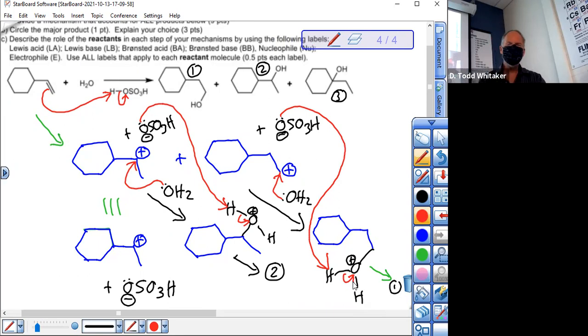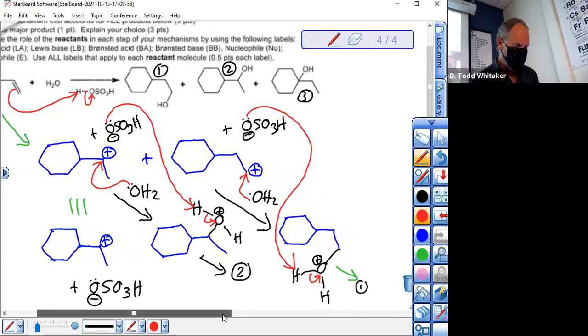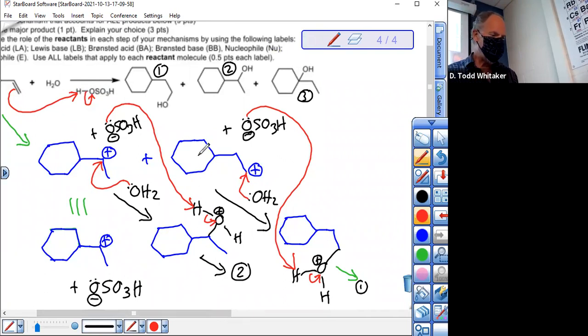And then I'm going to show you a neat little trick for the third product. Even if you can't do rearrangements, you're stuck, you don't know how to do a rearrangement to save your life, you can still get all but 1 point. What you do is you say, okay, I don't know how this rearrangement stuff works, but I do know that every time I made an alcohol, the O went to the carbon that was a cation to make that happen, right?